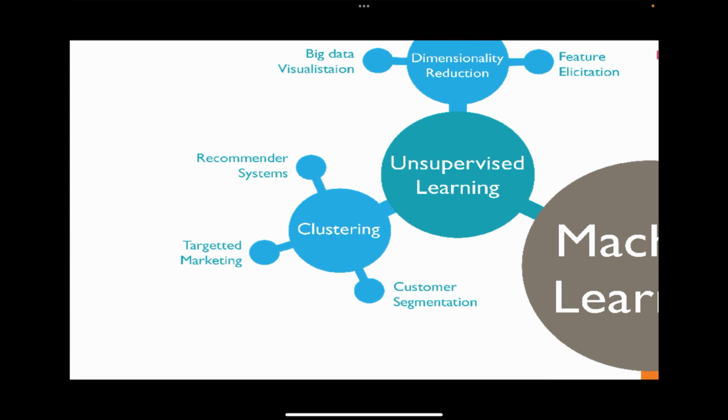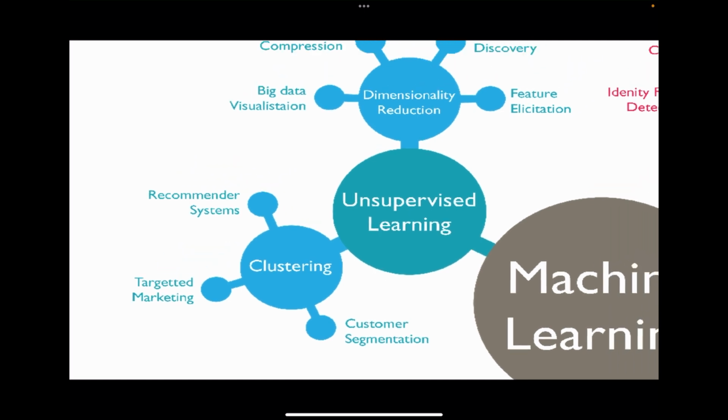Assume that we have a training data of certain objects, and through this training data, we want to create groups in which the objects lying in the same group are as similar as possible, and objects lying in distinct groups are as dissimilar as possible. So examples of clustering are creating a recommender system for movies or targeted marketing and customer segmentation.